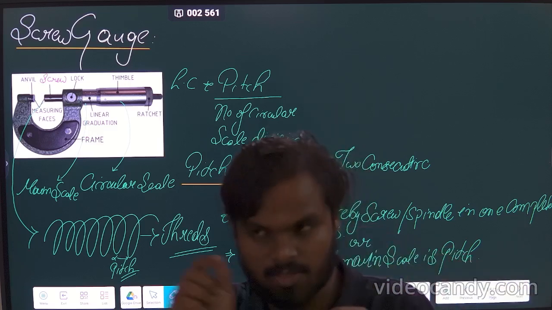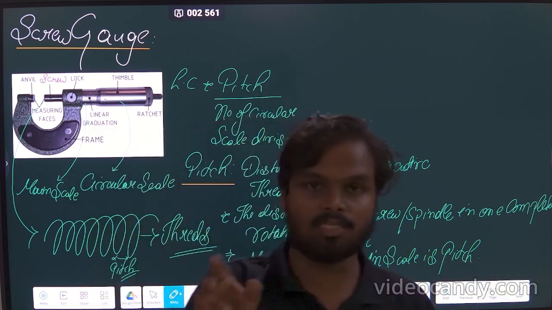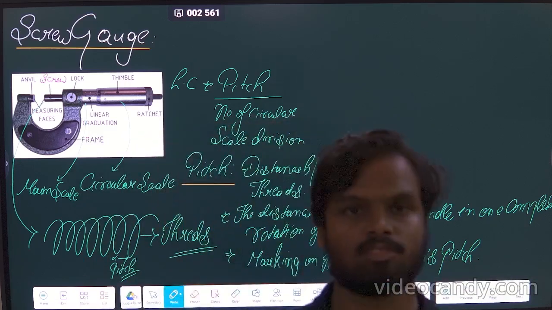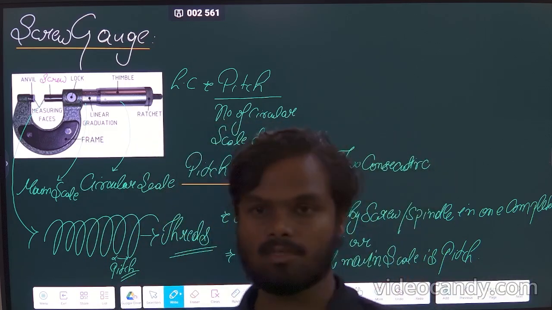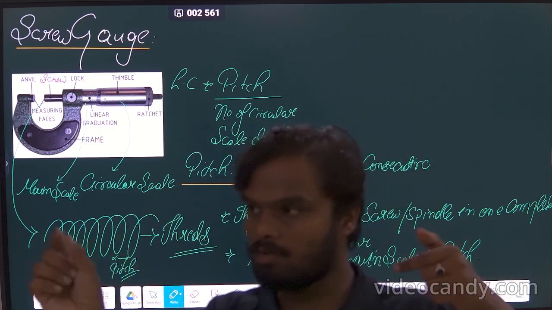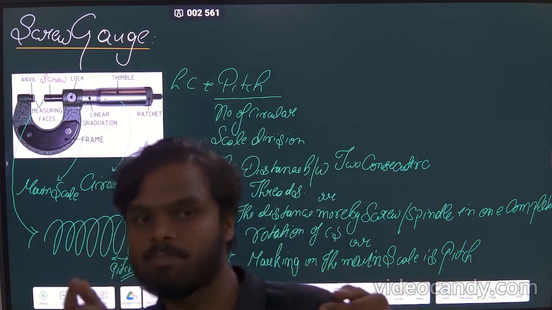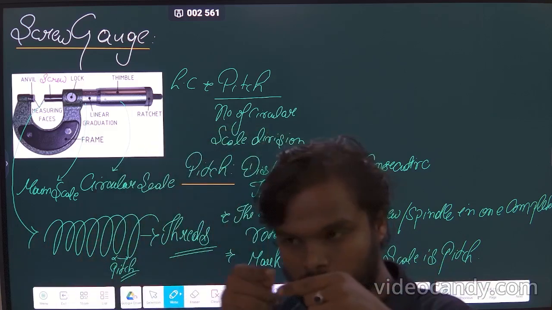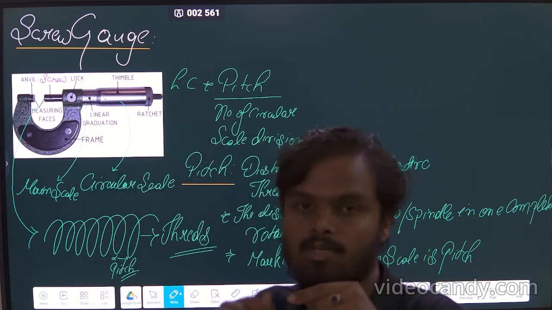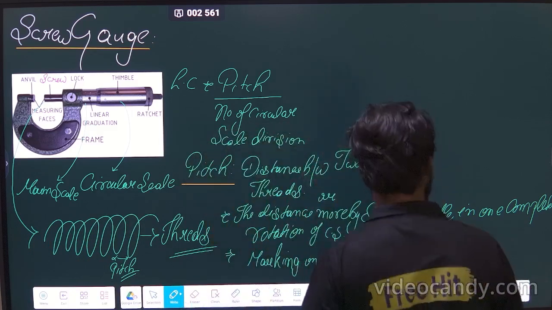Clear? So you have to remember these 3 things to understand what is pitch. First, the distance between successive threads. Second, when you rotate 1 time, it will open or close a distance equal to the pitch. And on the main scale also it will open or close a distance equal to the pitch. Clear? So that is why we have done this thing here.